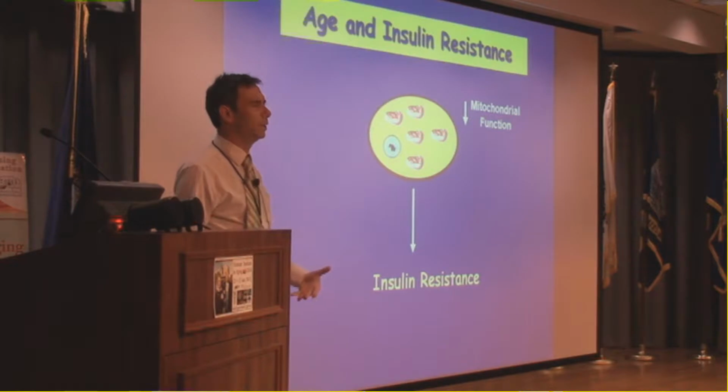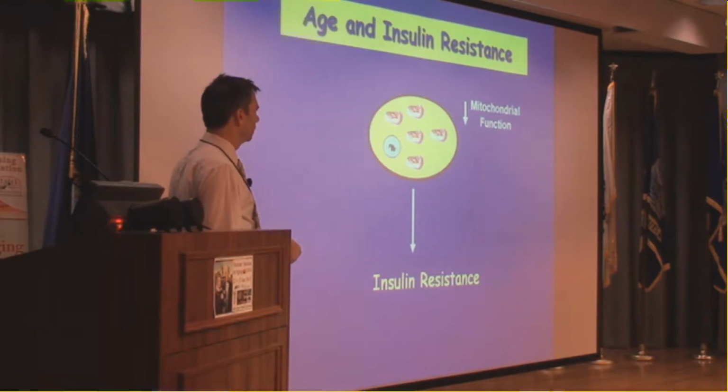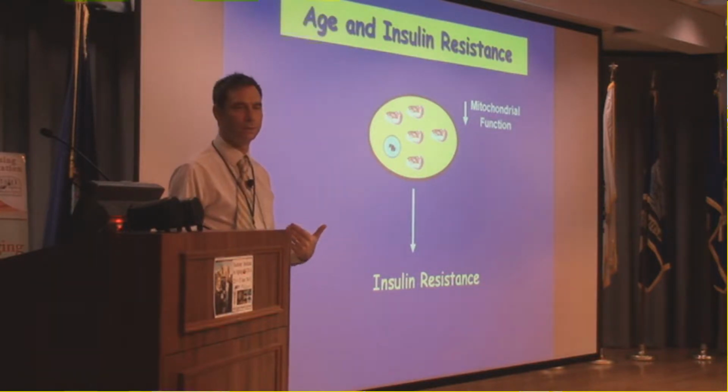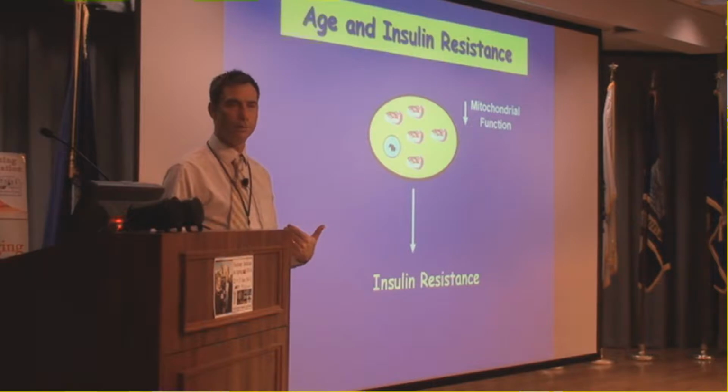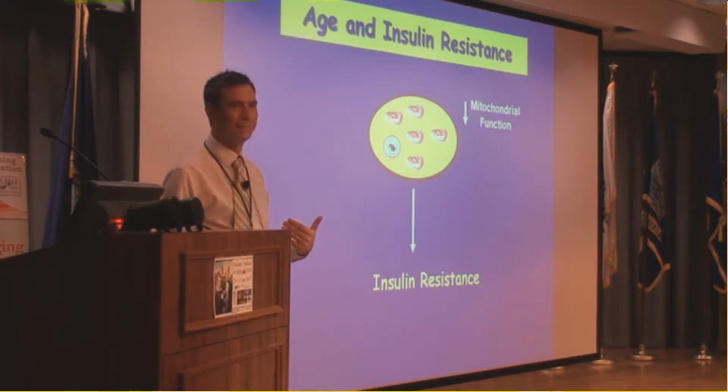So why do our tissues become insulin resistant as we age? It is not clear, but the main hypothesis has to do with what is called mitochondrial dysfunction. So what are mitochondria? I'm going to take you back to your biology classes.